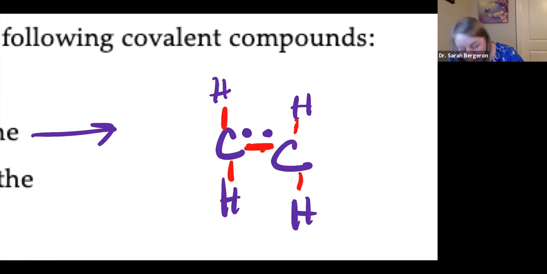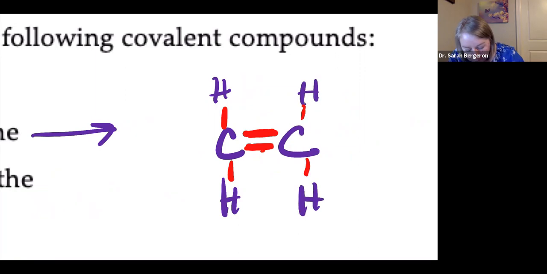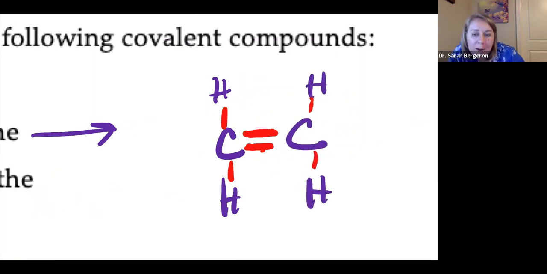Take this one and put it here. Now they can participate in sharing. So each carbon is going to share each electron, and we're going to turn that into another bond. And so what we end up having is a double bond. Shift this up a little bit. Okay. So the carbons are connected by double bonds, and then the hydrogens are connected to the carbon by a single bond.